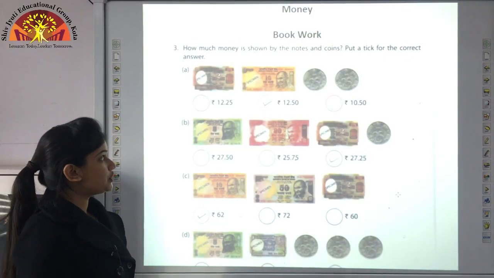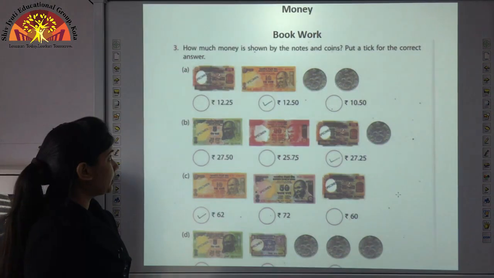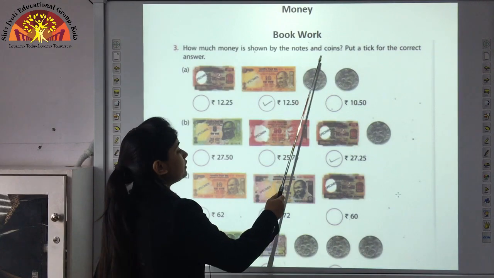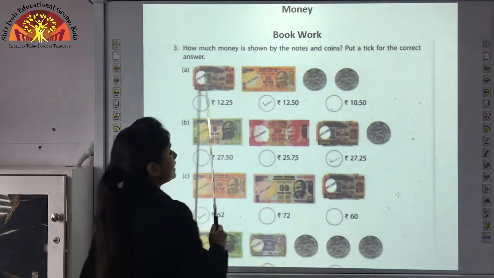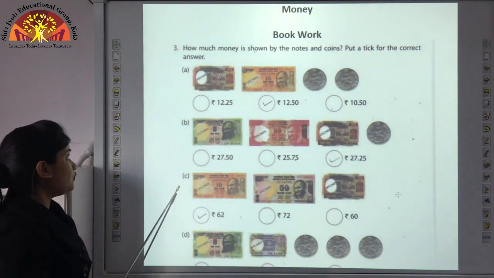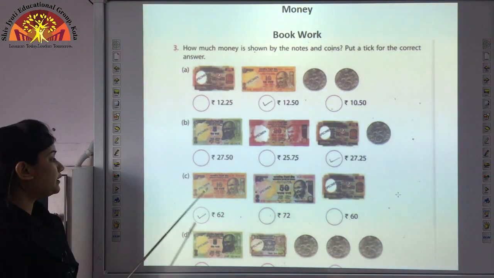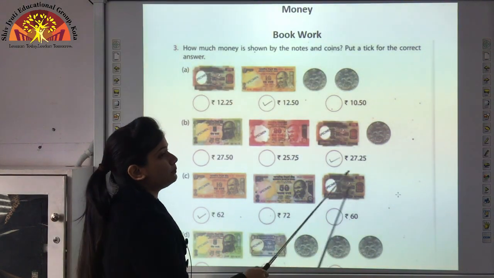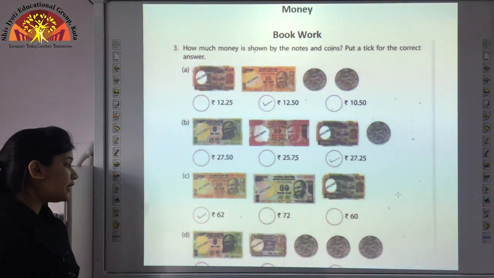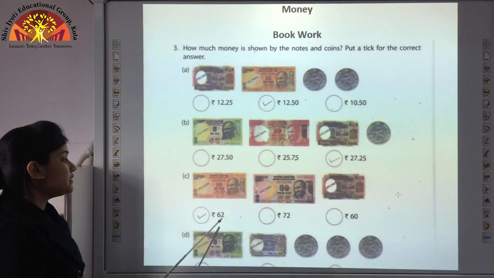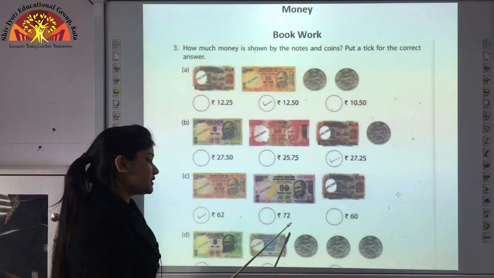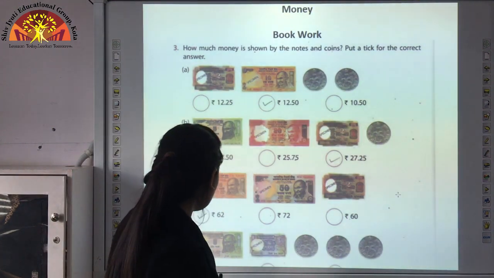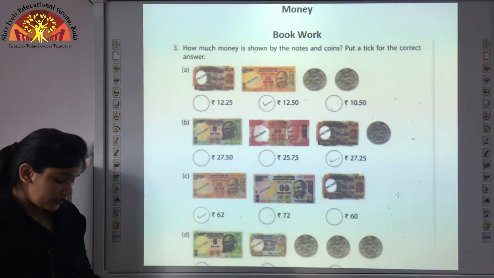Now we'll take the next question, that is bookwork. So now we are taking question number 3 of exercise 10.1, and question number 3 is: how much money is shown by the notes and coins? Put a tick for the correct answer. So we are observing the C part of question number 3, and in the C part you can see a 10 rupee note, a 50 rupee note and a 2 rupee note, and we have to find the correct option that is given here: rupees 62, rupees 72 and rupees 60. So now students, the first note which we have is a 10 rupee note.